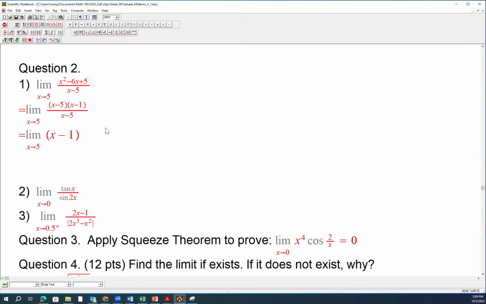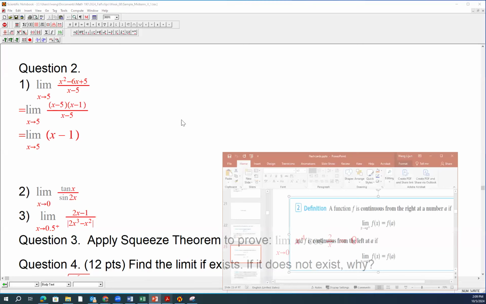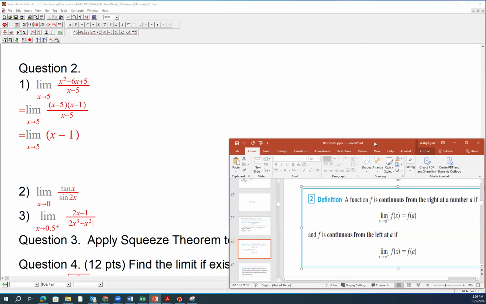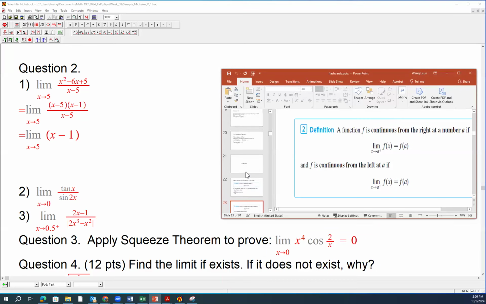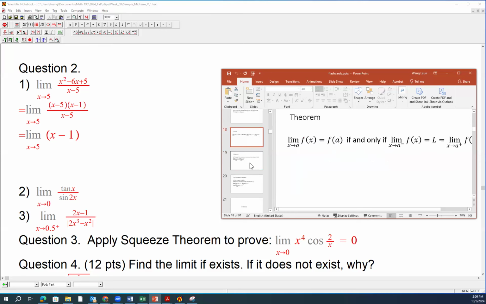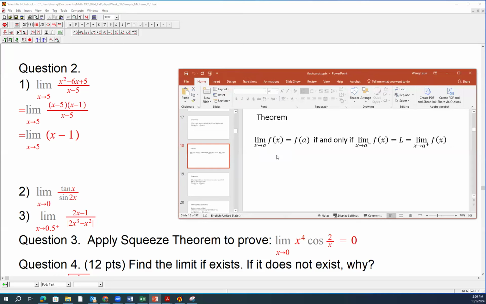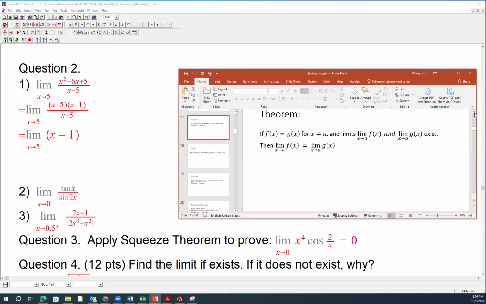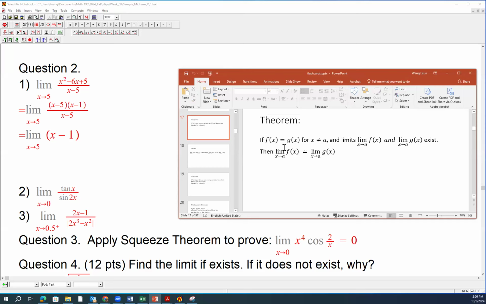And then, from here to there, I wish to remind you of a theorem I mentioned to you many times over, this theorem. The two functions are not the same at only one point A. f of x equals g of x for x not equal to A, but both limits exist and the limits are the same.